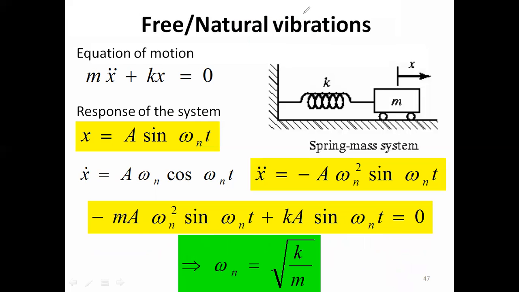So, using mathematics and the physics of the system, we finally come to know that the circular natural frequency ωn is equal to the square root of k by m. This is a mathematical model by which we could find out the fundamental frequency of the system.